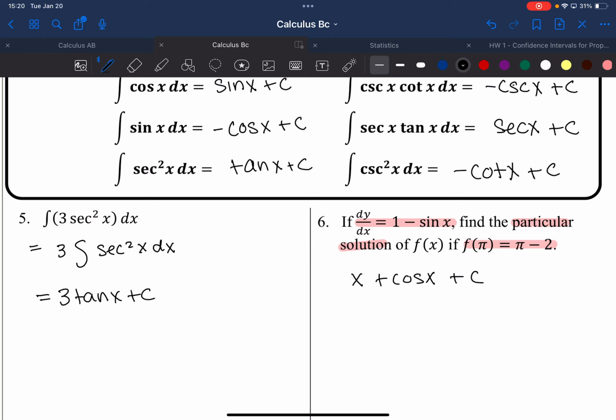We know that this whole thing is equal to pi minus 2 if I plug in pi. So pi minus 2 is equal to pi plus cosine pi plus c. What is cosine of pi?